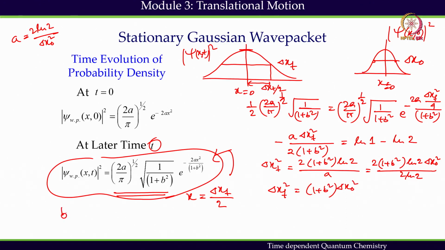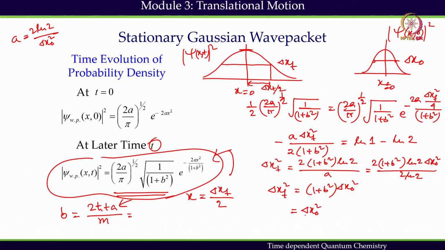And we know that b we have already defined previously, b was 2 h cut t a by m. We know a, we can plug that in. So, finally, if we insert all these values, b value, then I get this expression: delta x naught square, I am skipping a few steps here.